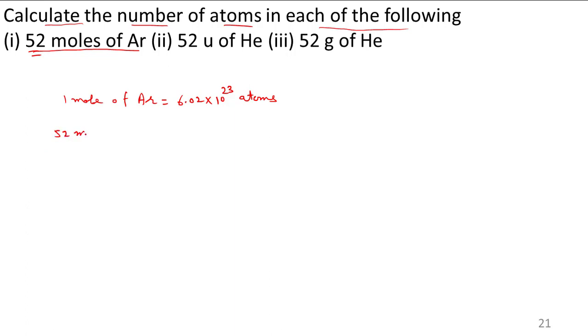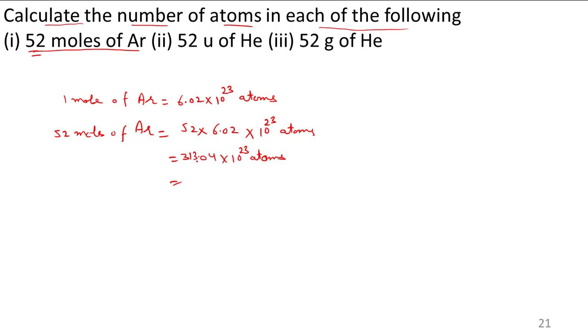So 52 moles of argon will contain 52 into 6.02 into 10 raised to the power 23 atoms, and if you solve it, 52 into 6.02 is 313.04 into 10 raised to the power 23 atoms.